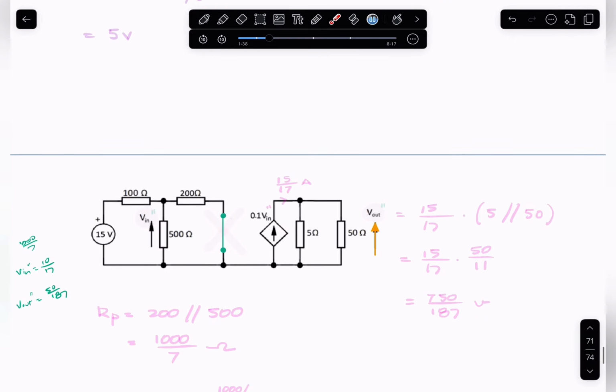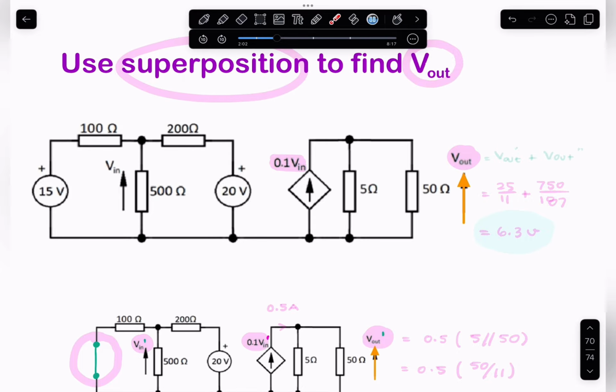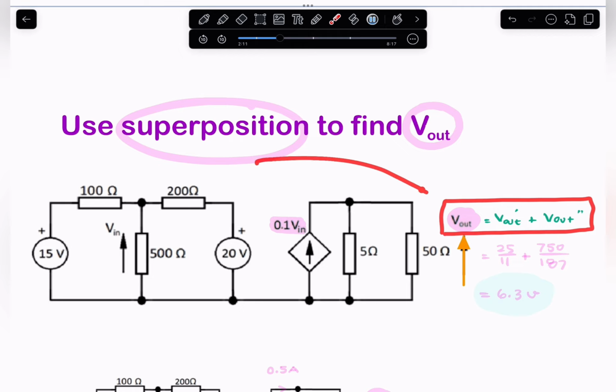So we'll replace the second source by a closed circuit, and we'll calculate the value for V out, and we'll call that V out double prime, and V in, and we'll call that V in double prime. And our final answer, V out, will be the sum of these two. So it'll be equal to V out prime plus V out double prime.